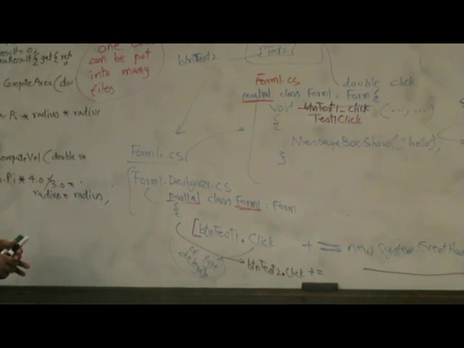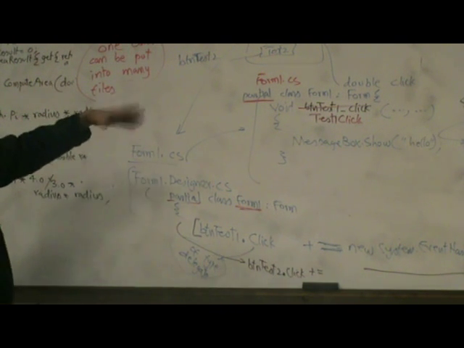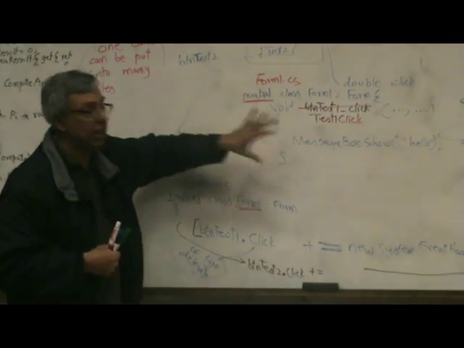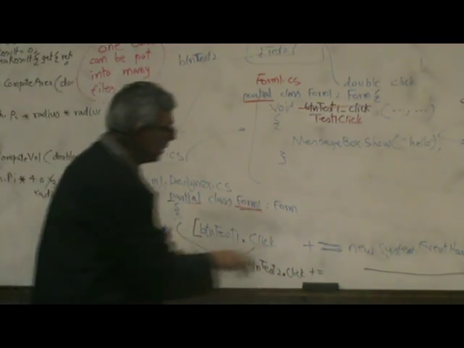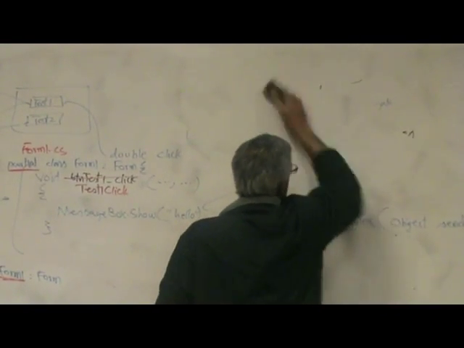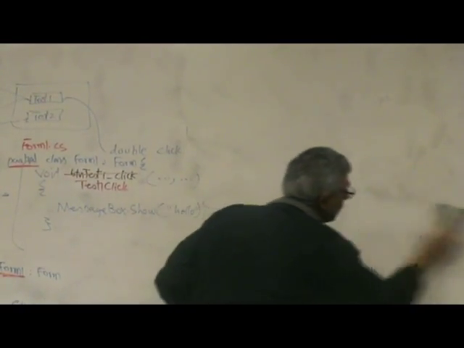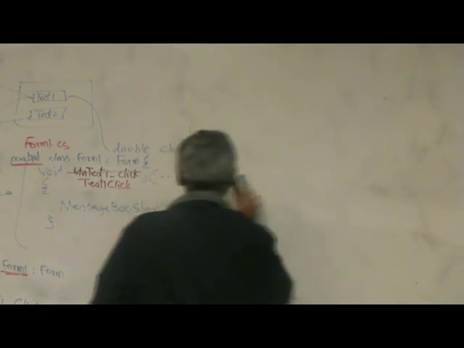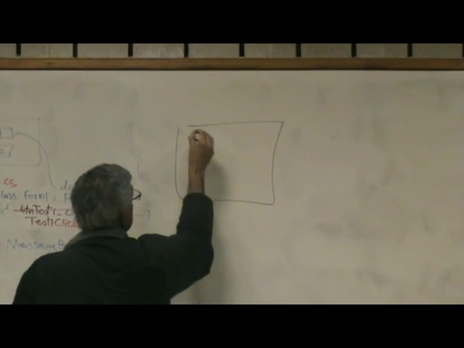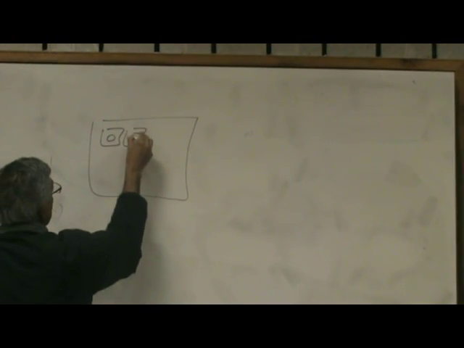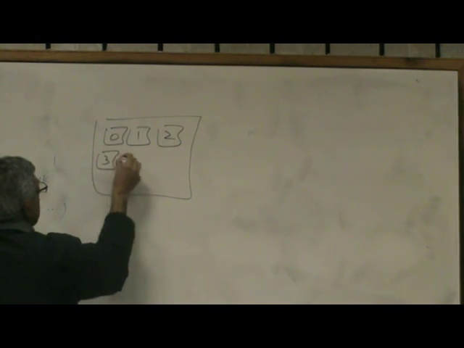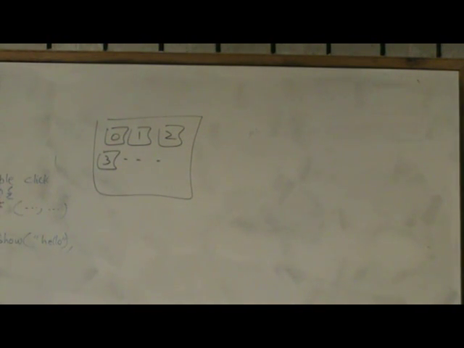Now at this point in time, you may not see what's the point of having two different buttons call the same handler, okay? See, when we create user interfaces, let's say you created a user interface where you have 0, 1, 2, 3, and so on, right?